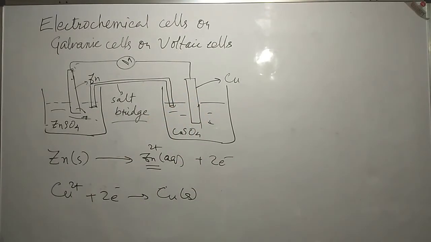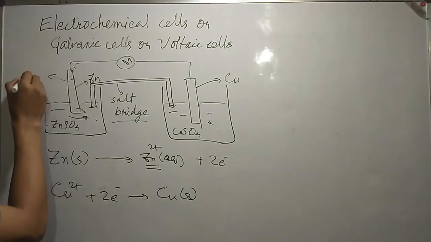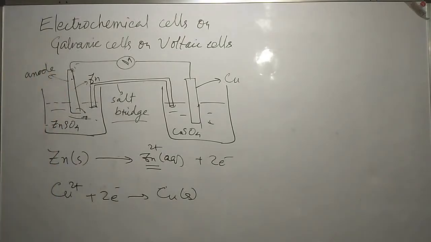Now the zinc electrode, where electrons are released or oxidation is taking place, is called the anode. So the place where oxidation takes place is called the anode, and this is taken as the negative terminal. Electrons flow from negative to positive.